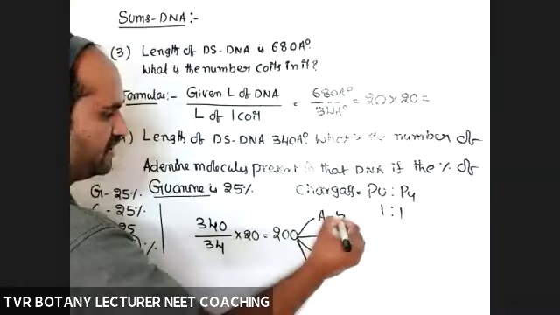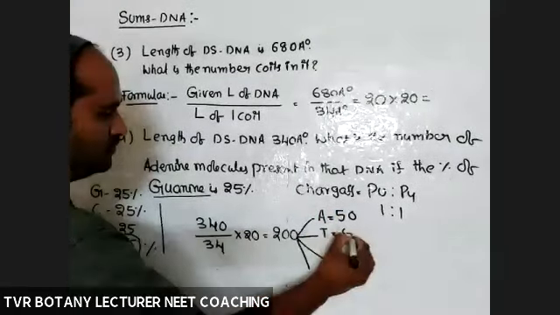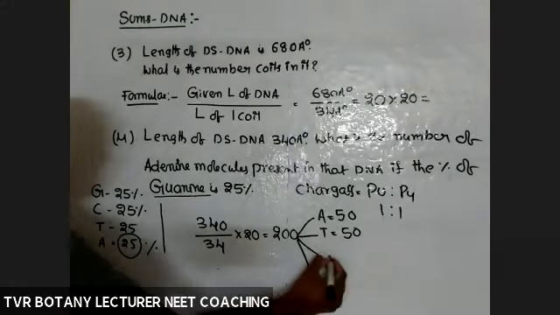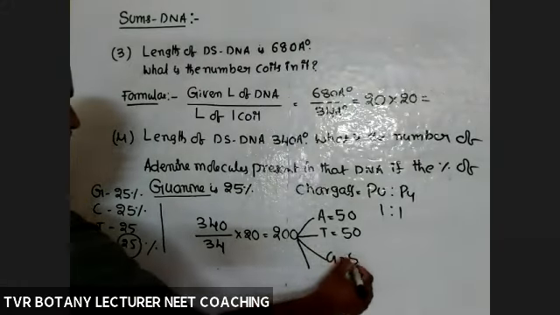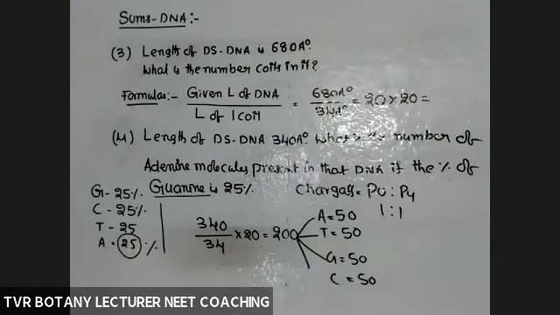So its number is 50. A number is 50. T number also 50. G number also 50. C number also 50.